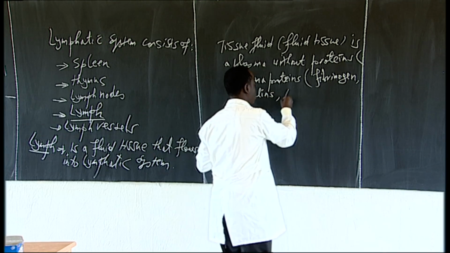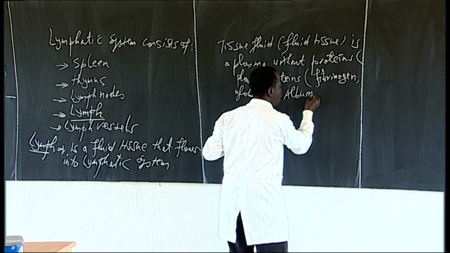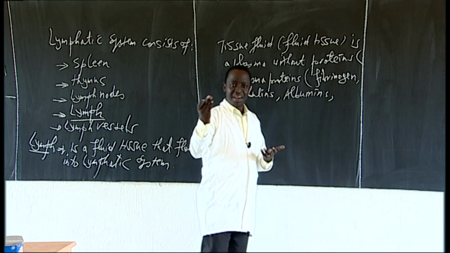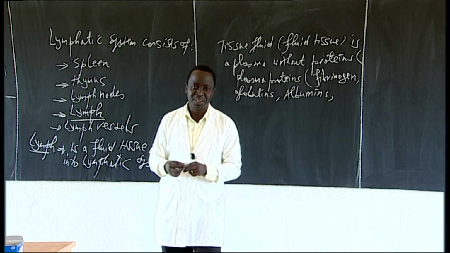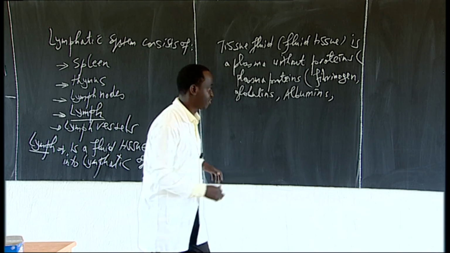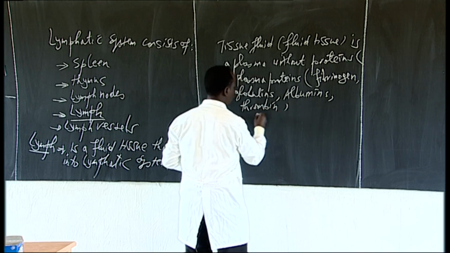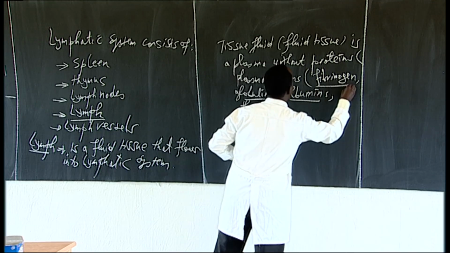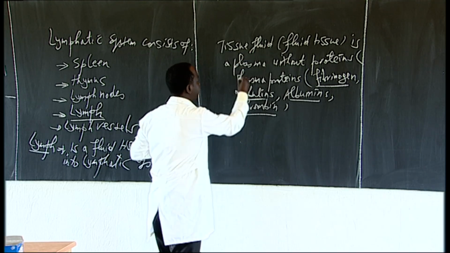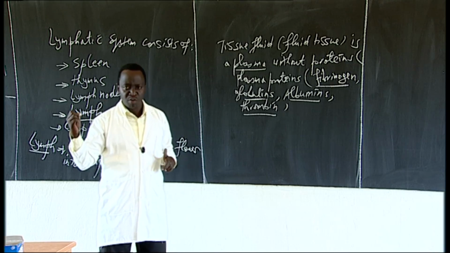Albumins, good. You can try another plasma protein that we can find in the plasma. Thrombin, nice. Good. All these proteins are not found in tissue fluids. But all other components of the plasma are found in the tissue fluid.